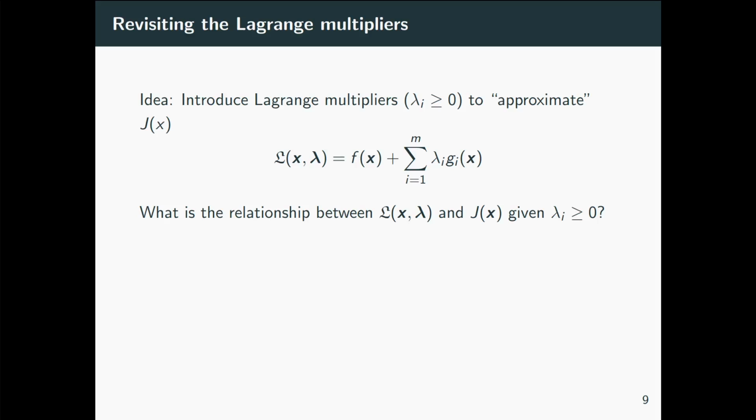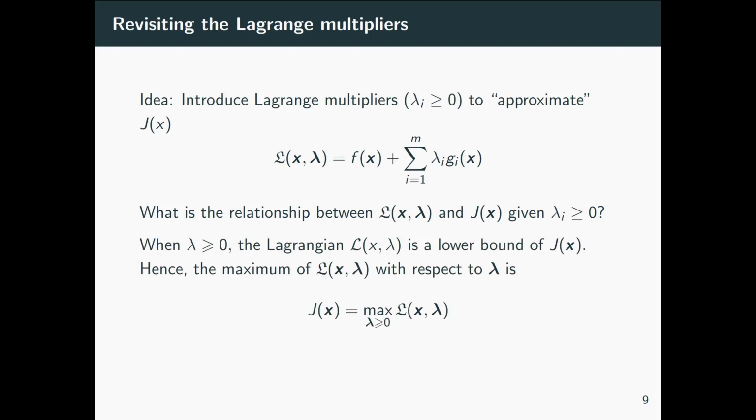Assuming you paused the video and thought about this, the answer is that when lambda is greater than or equal to 0, meaning each of the lambda_i's is greater than or equal to 0, then the Lagrangian is a lower bound of J(x), because the maximum that you can get in this function L(x, lambda) is going to be J(x).